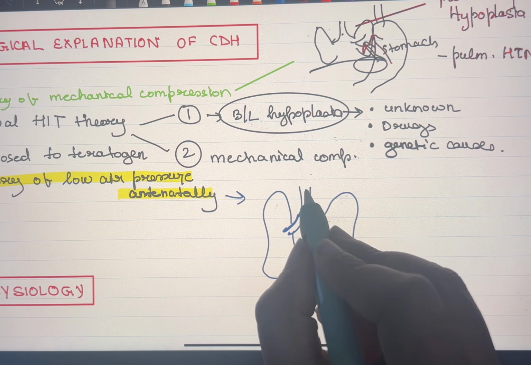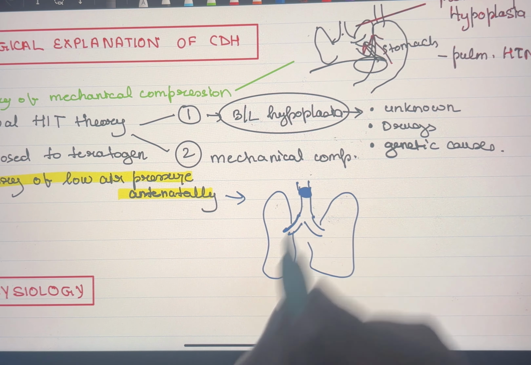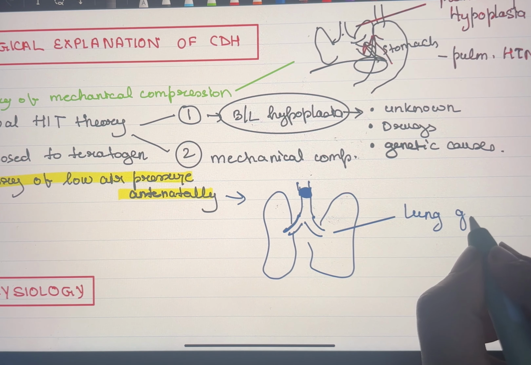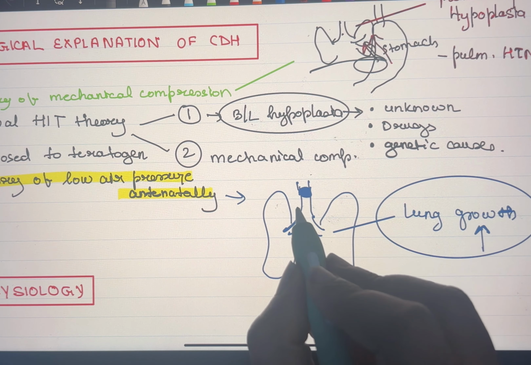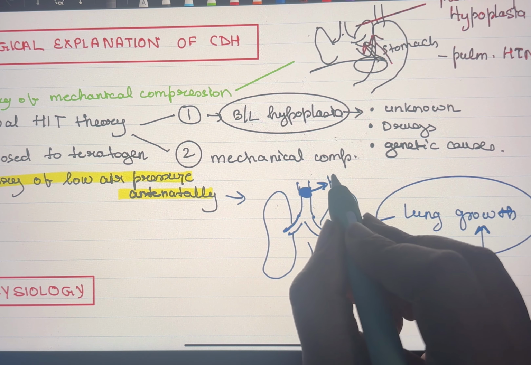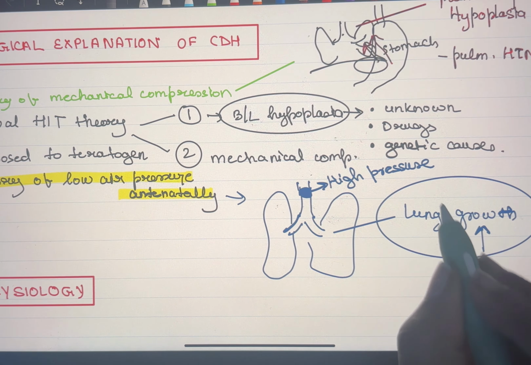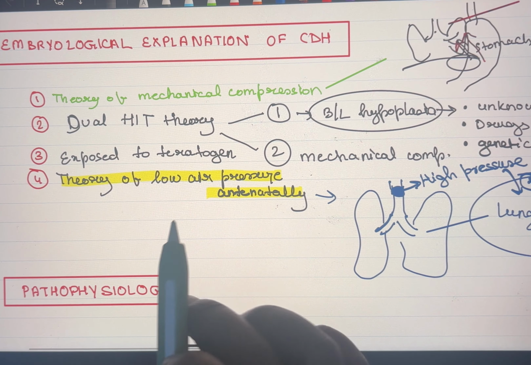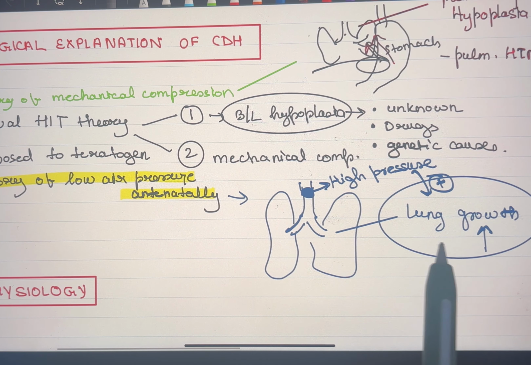It has been seen that if we obstruct the trachea of the infant, then lung growth increases and proper lung growth is present. Means the obstruction will cause high pressure, and this high pressure causes lung growth. But here in the theory of low air pressure, there is low air pressure, because of that lung growth is not properly present.